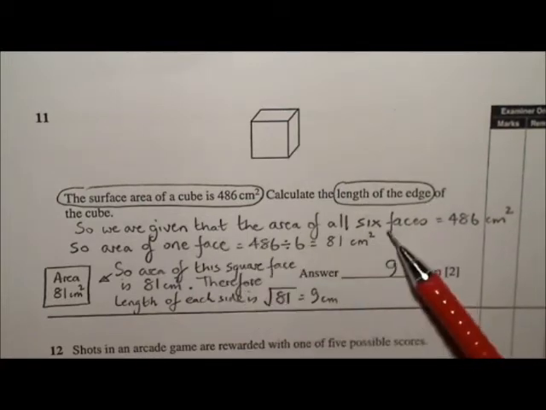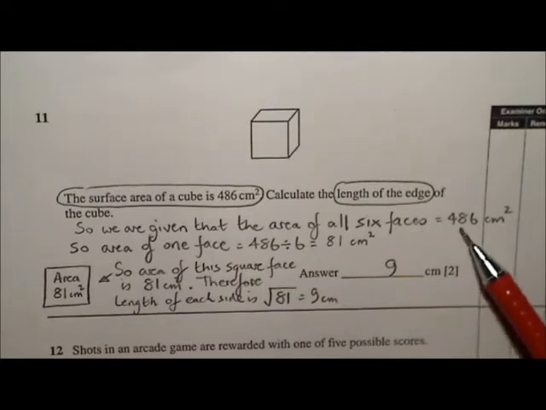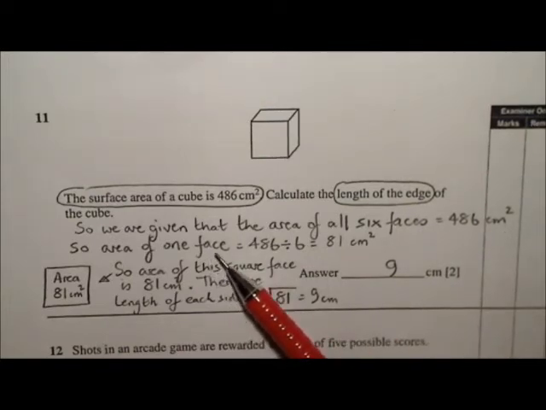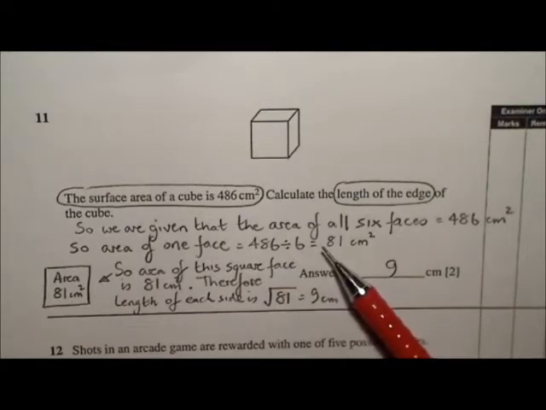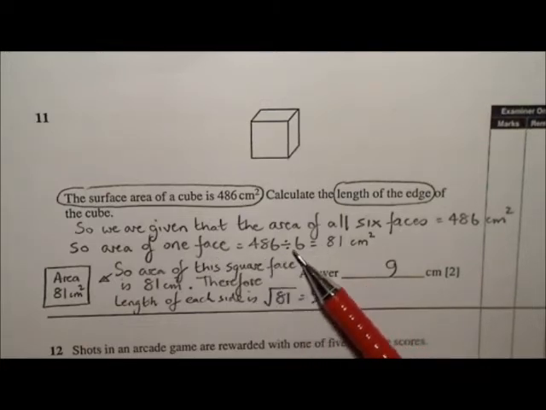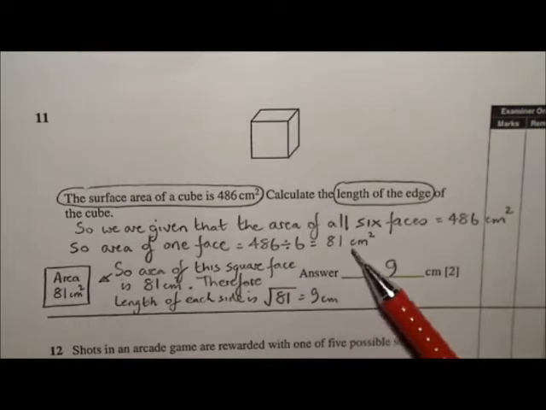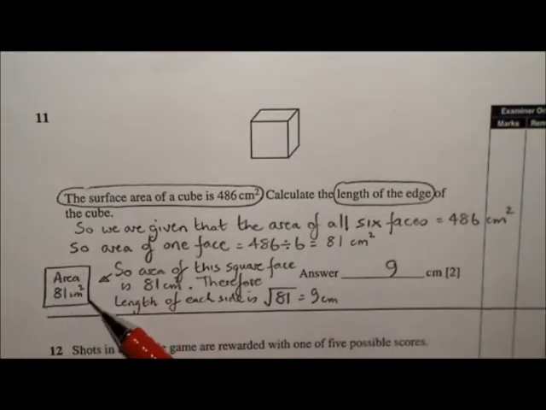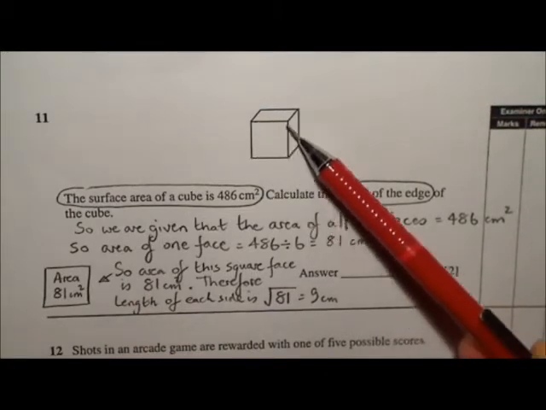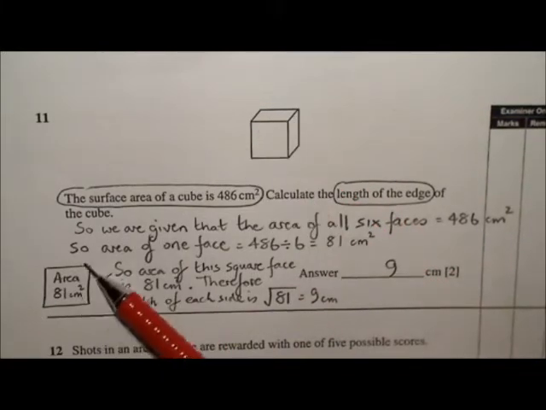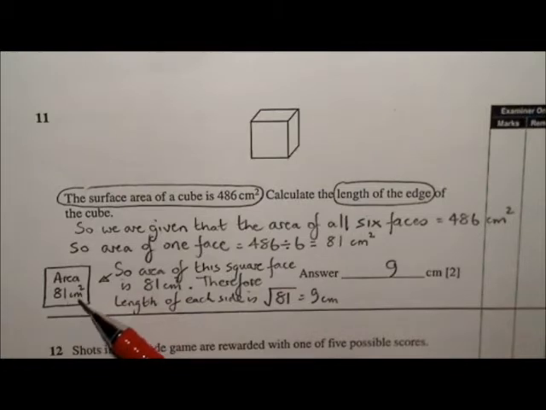So we're given that the area of all 6 faces is 486 centimeters squared. So in other words, the area of one face is going to be 1/6 of that. So it's 486 divided by 6 is 81 centimeters squared. So now we know that one face, take this front face here, has an area of 81 centimeters squared, and what they want us to find out is the length of one of those edges.